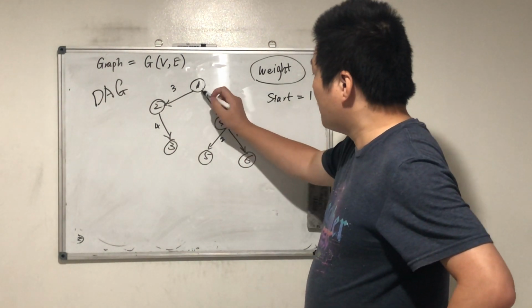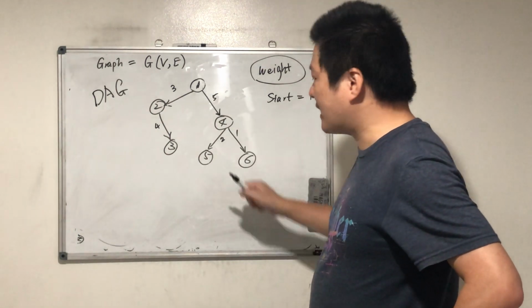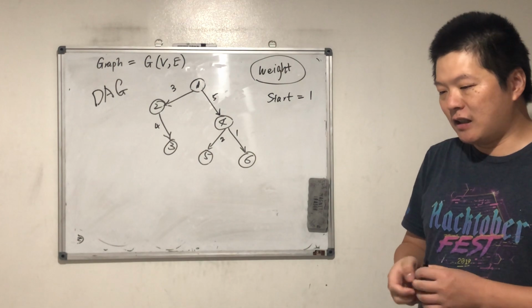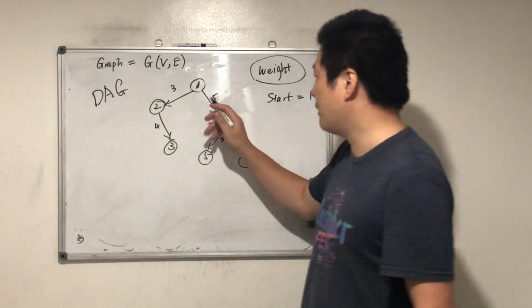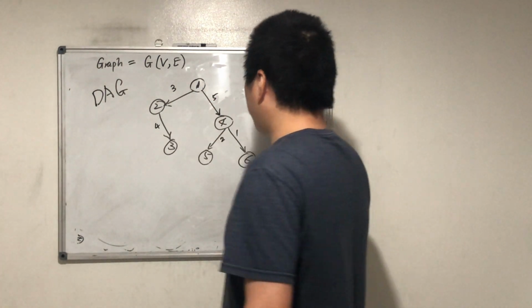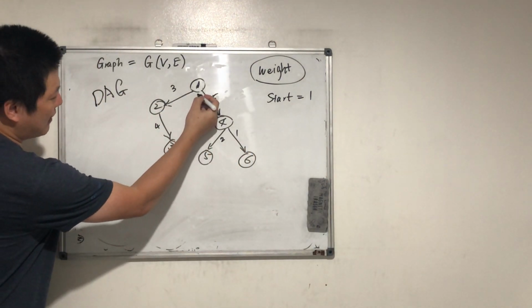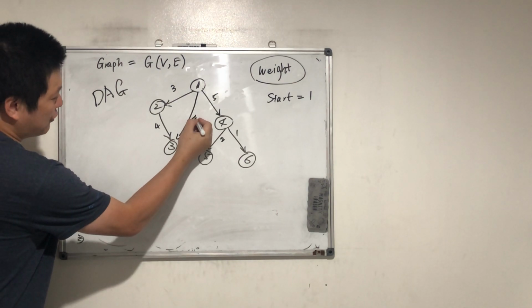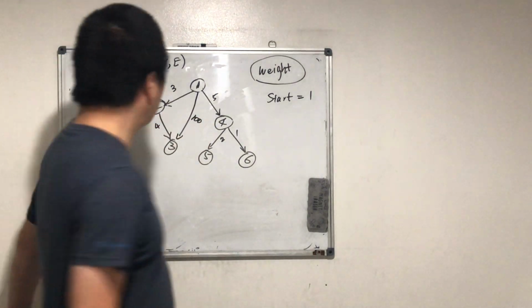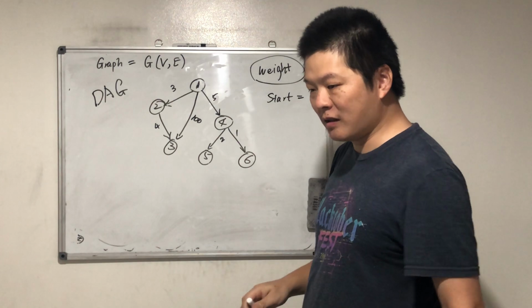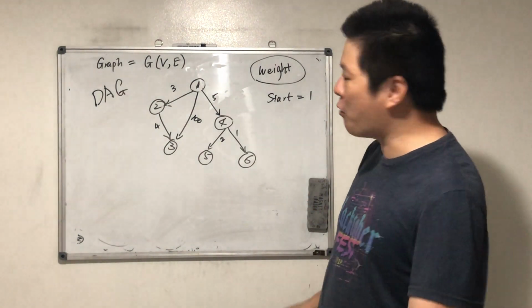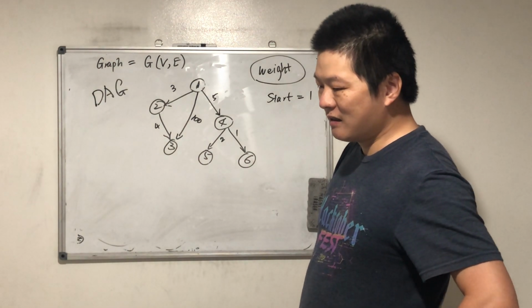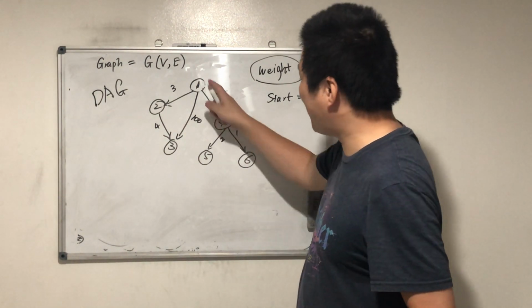So in this case, what's the answer? We want to find the shortest distance from 1. For example, if I have another path from 1 to 2 to 3 that takes 100 seconds, what's the shortest distance between 1 and 3?